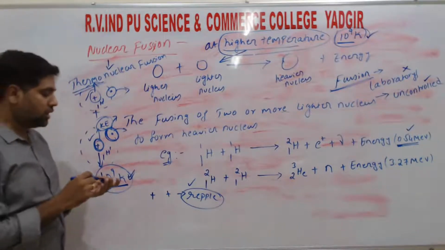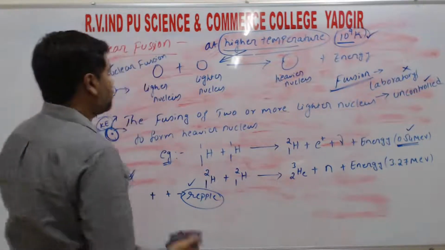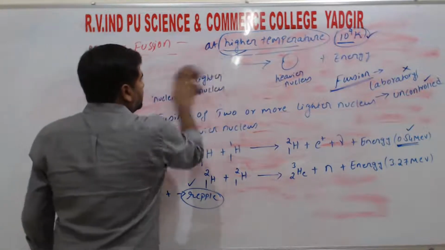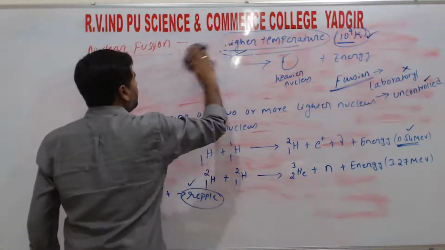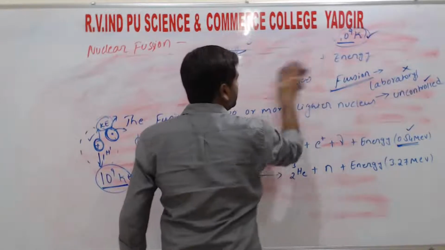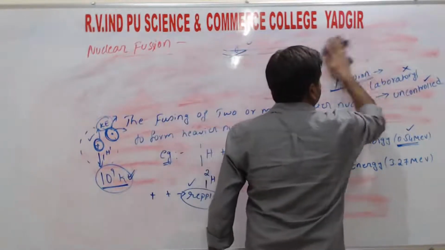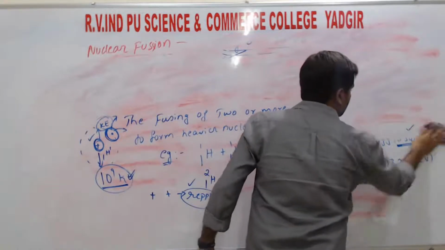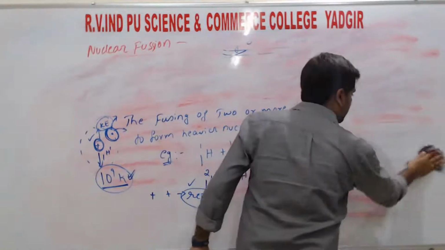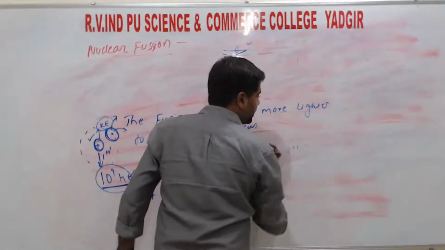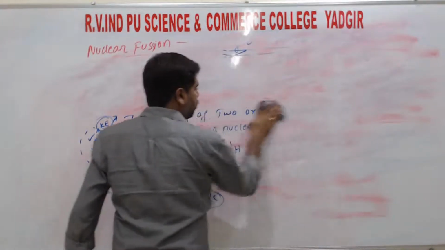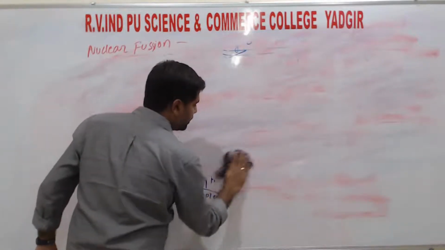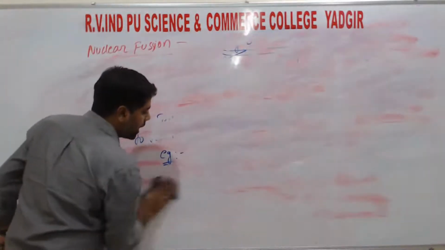Generally fusion takes place in the core of the sun or in the stars, right? Nuclear fusion generally takes place in the sun or in stars, and the sun and stars are the same. In the sun the fusionable material is hydrogen, that means the proton is the fusionable material, the fuel in the sun is hydrogen.